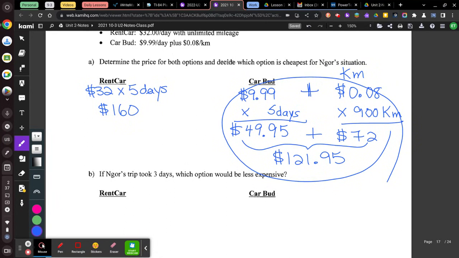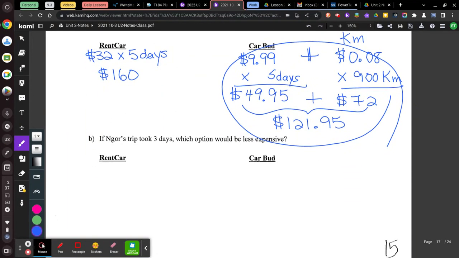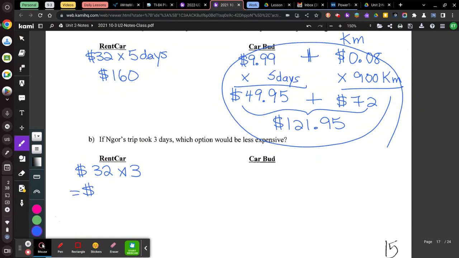Now it says on B, what if he changed his trip to 3 days? Same amount of kilometers, 900, but now only 3 days. So this one changes. 32 times 3 days is going to give us $96 for 3 days.